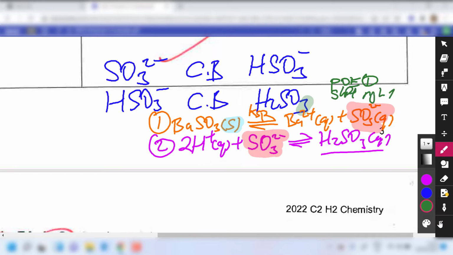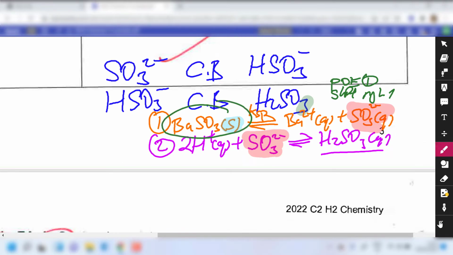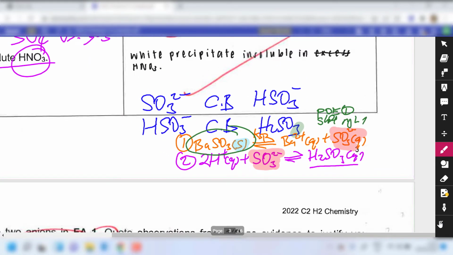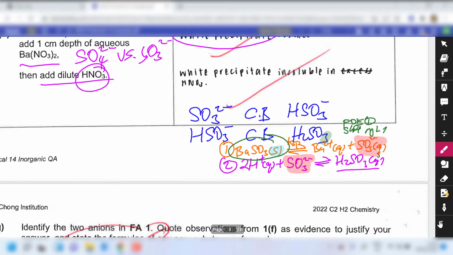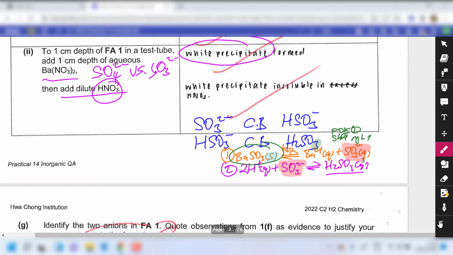When the position of equilibrium of 1 shifts to the right, it leads to the dissolution of barium sulfite. This is exactly what is happening here. If you observe the white ppt dissolve in excess nitric acid, then that means my unknown anion is likely to be sulfite. If it remains insoluble, then it's likely to be sulfate.